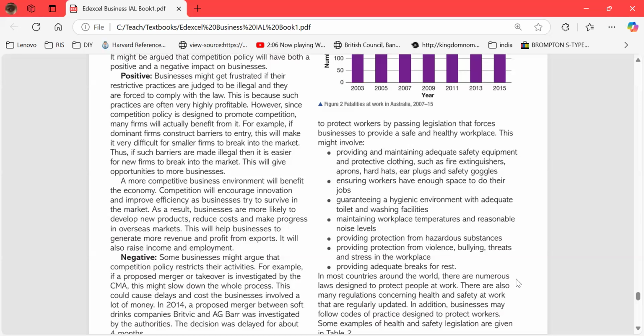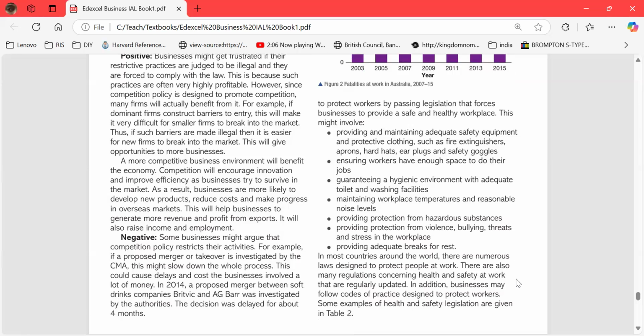So health and safety is a burning issue. And hygiene has to be there. There should not be any kind of threat or bullying, there might be breakfast, or proper breaks. The work should not be too stressful.